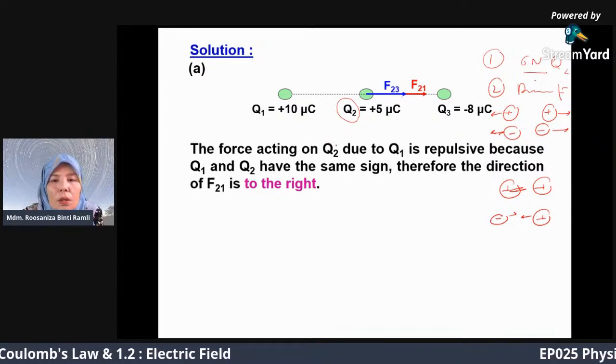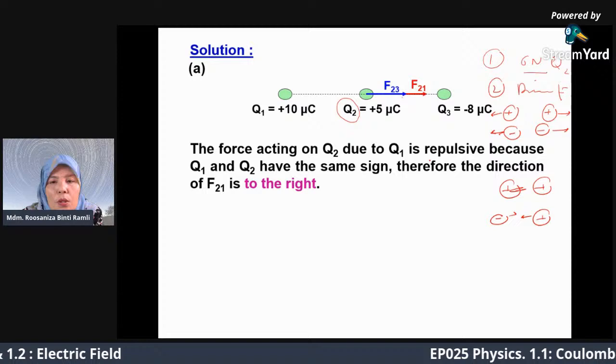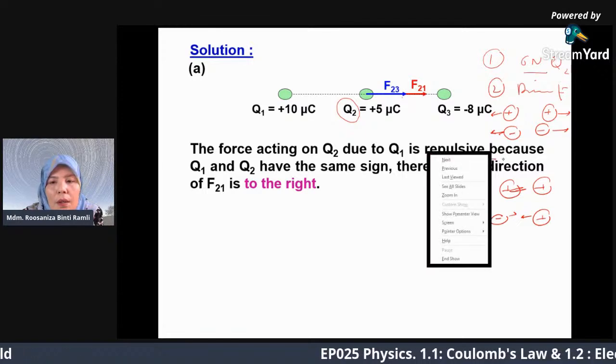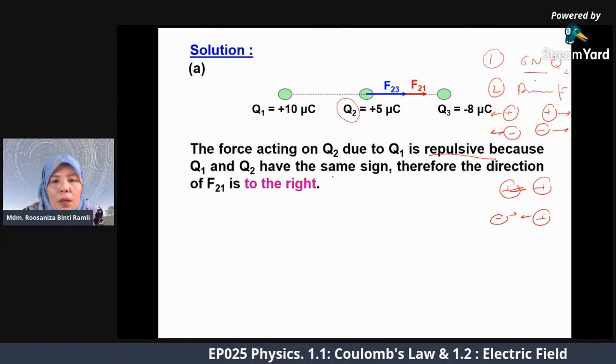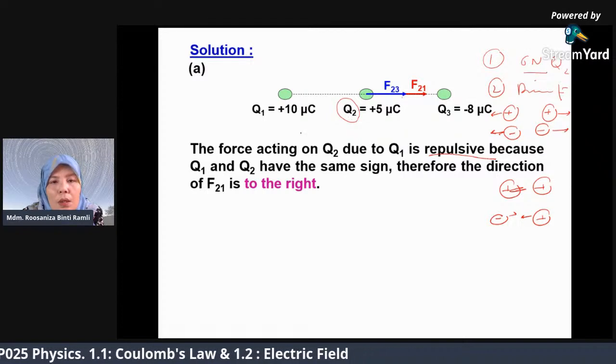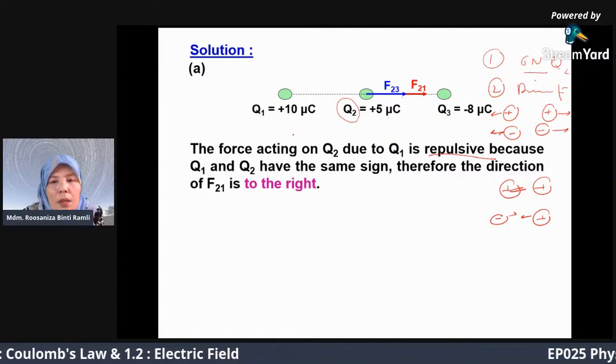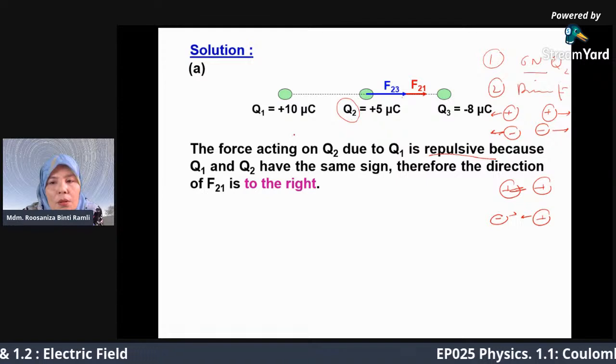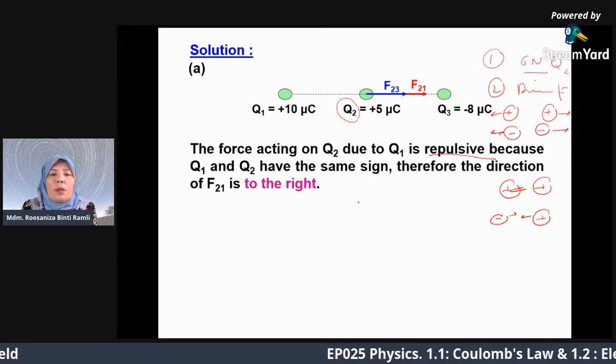The force acting on Q2 due to Q1 is repulsive force because Q1 and Q2 have the same sign. Q1 and Q2 are positive. So the force is repulsive, and the direction of F21 is to the right.